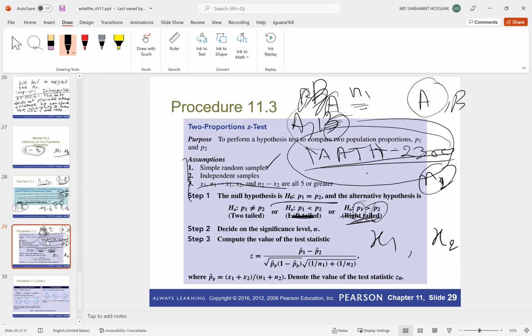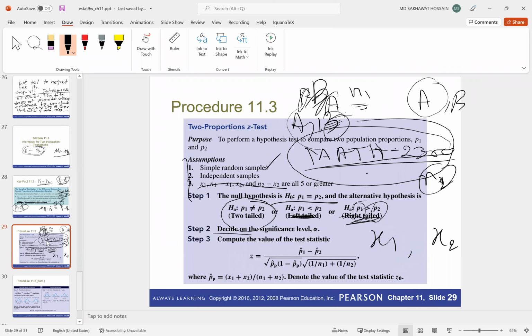And if we just want to see the difference, we do not want to see which class performs better, then it will be a two-tail test: P1 not equal to P2.